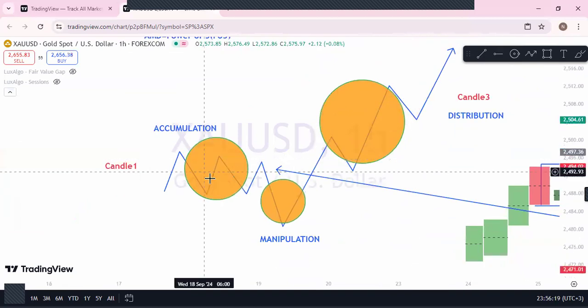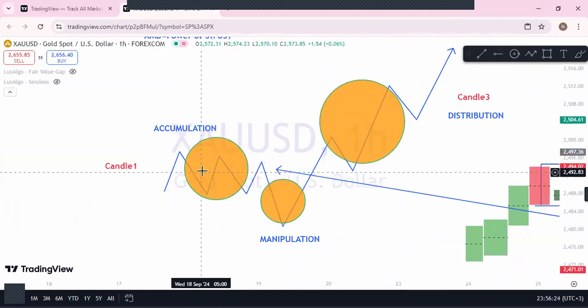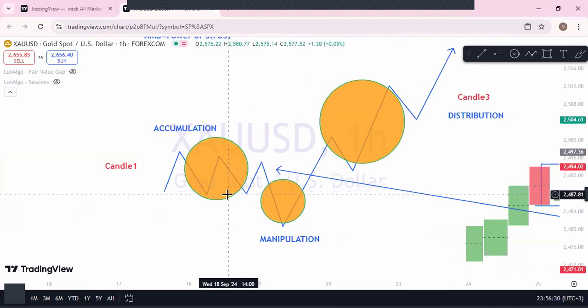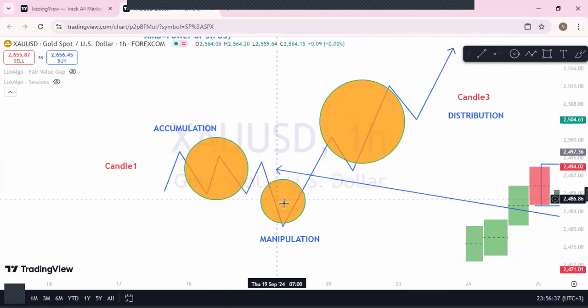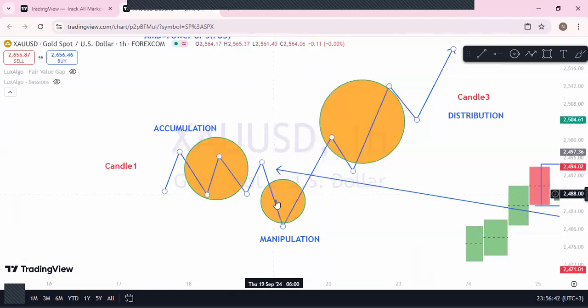The accumulation stage is where there is a ranging market, or a market where you cannot really identify the direction. Now, after the accumulation, the manipulation will happen, showing the wrong direction.